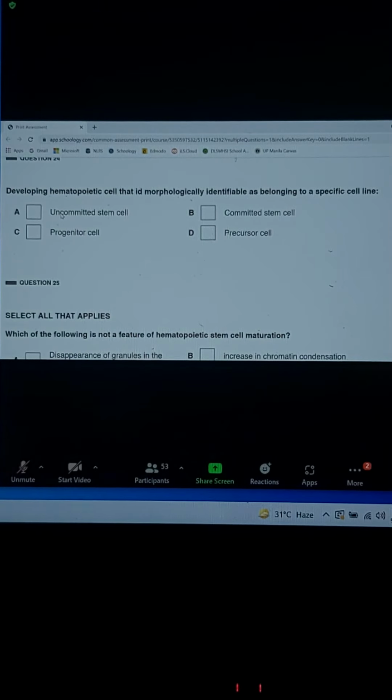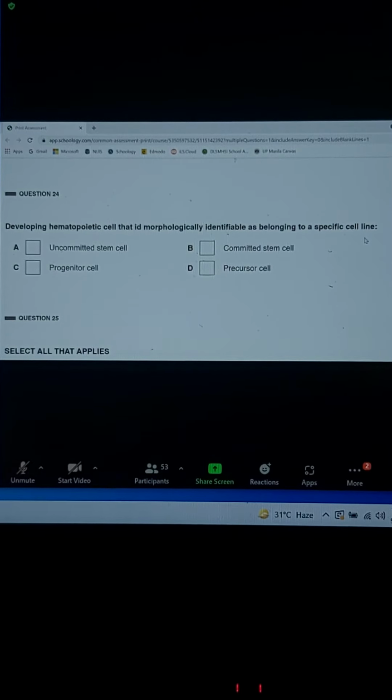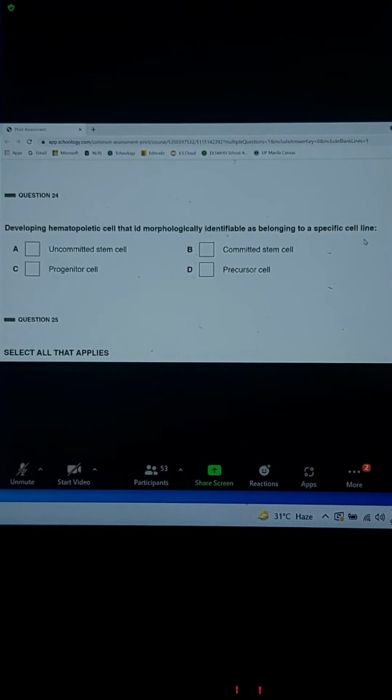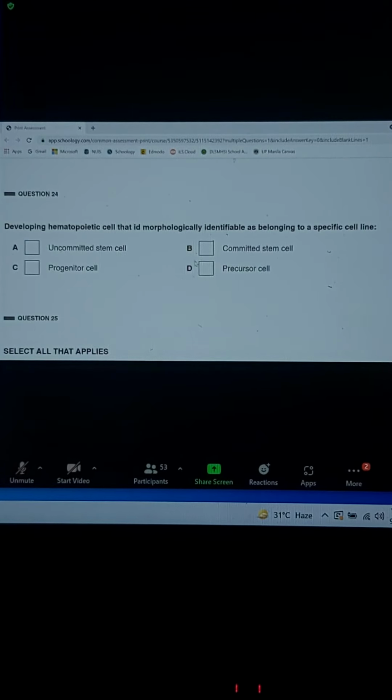Question 24. A developing hematopoietic cell that is morphologically identifiable as belonging to a specific cell line. The correct answer is letter D, precursor cell.